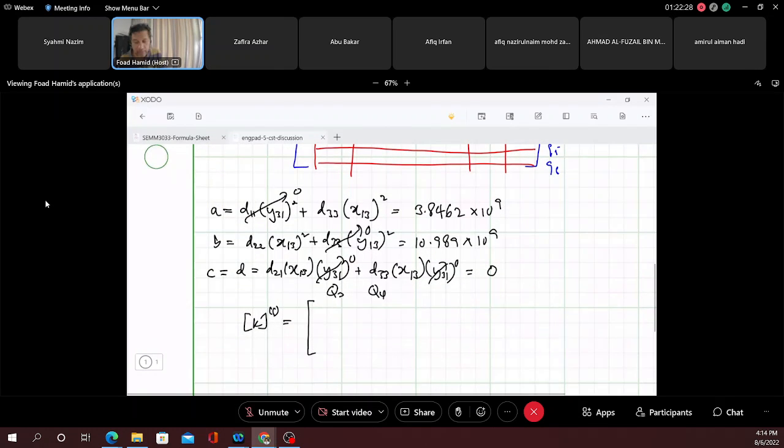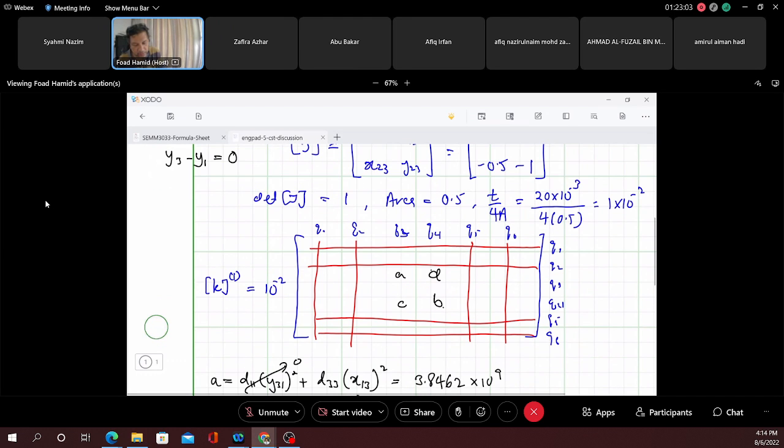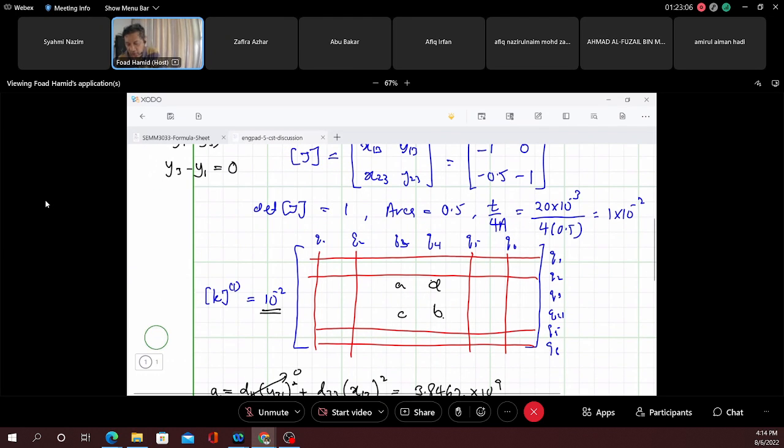So for element number 1, this is what we get: 10 to the power of 7, times 3.8462, 0, 0, and 10.989. Why is it 10 to the power of 7 when this is 10 to the power of 9? Note that it is because of the T over 4A in front of the formula.